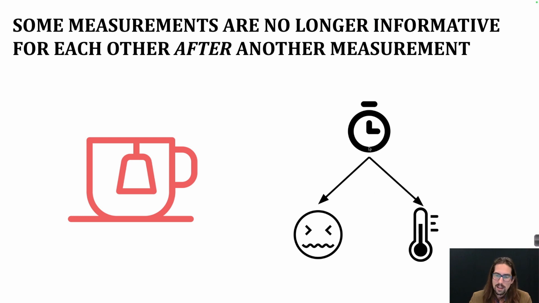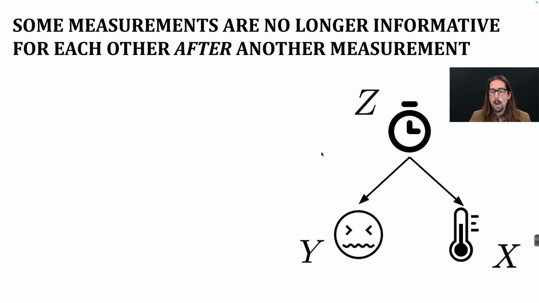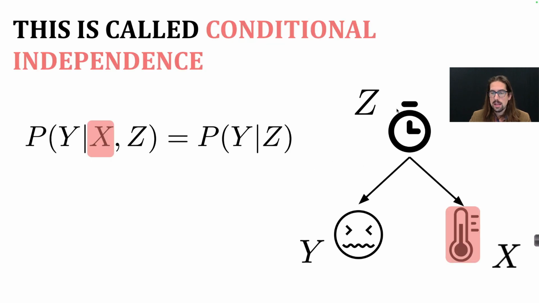If it's really just time, how long this thing is being steeped, that is determining both of these variables, then if I know how long something has been steeped for, in that subpopulation of cups of tea, the distribution of y does not matter if I also know x additionally.